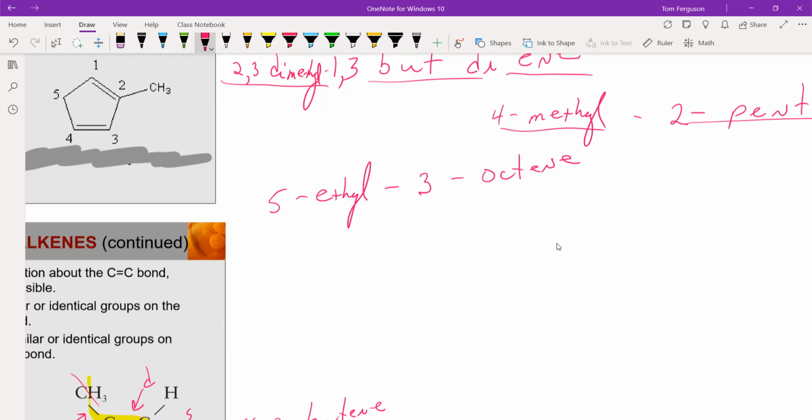Now remember, we have 3 parts again. We have the functional group, we have the backbone that contains the functional group, and then we have branching.